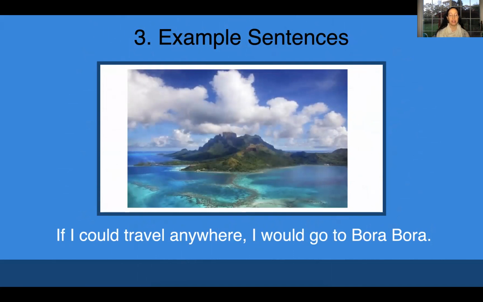So think of your second conditional as that we dream about things. If I could, if I would, okay? Remember, you can also think about your modal verbs, could and would and should. Remember?